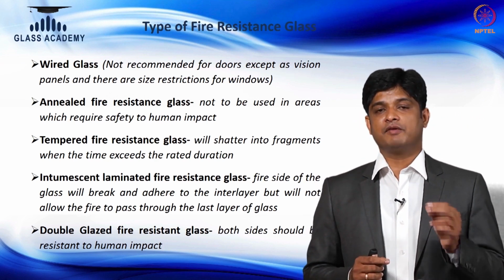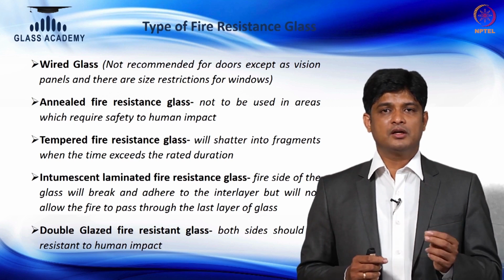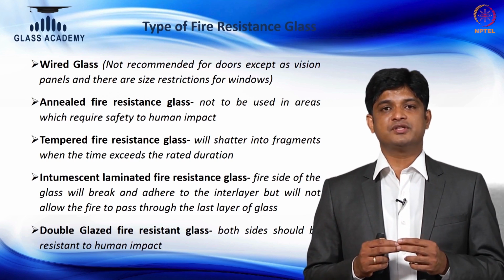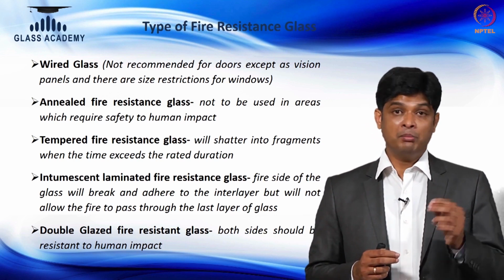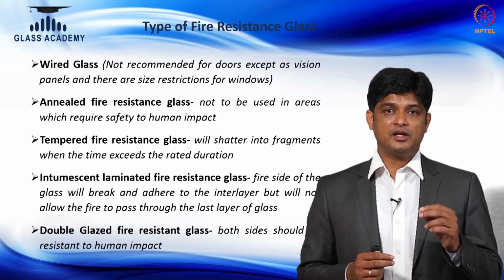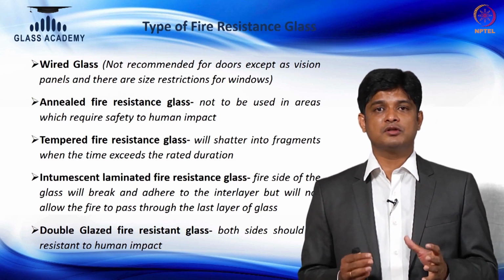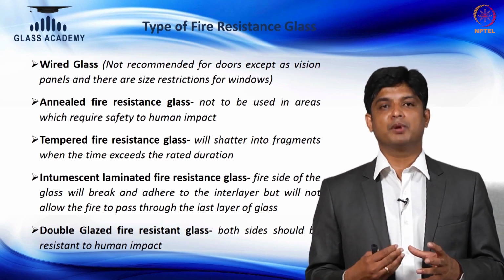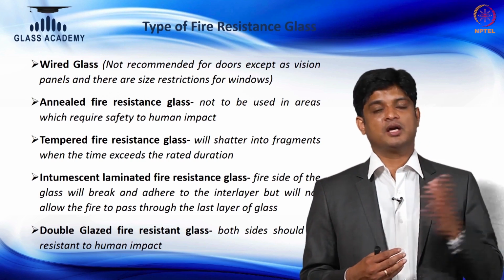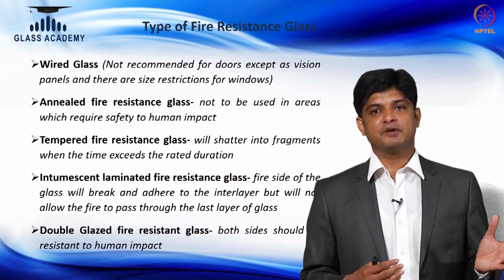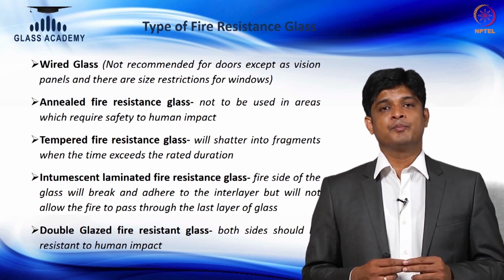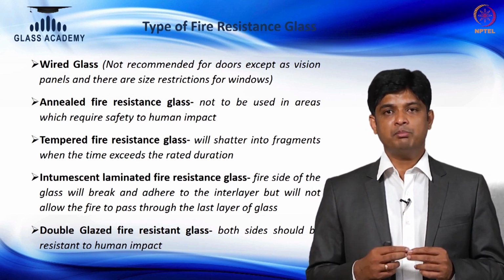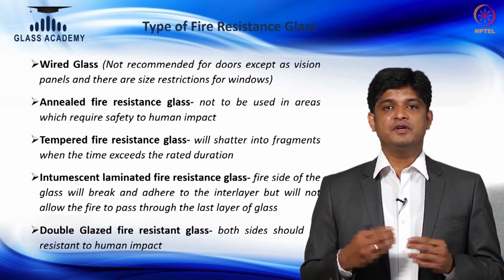There are annealed fire resistance glasses, where a different basic composition is used to make the glass, or a coating is used. There are tempered fire resistance glasses, which have the dual property of both fire resistance and resistance to human impact. Since I can refer you to the safety glass requirement for the building, which ideally means tempered safety glass, if the fire resistance glass can be tempered, it improves the efficiency of the product.